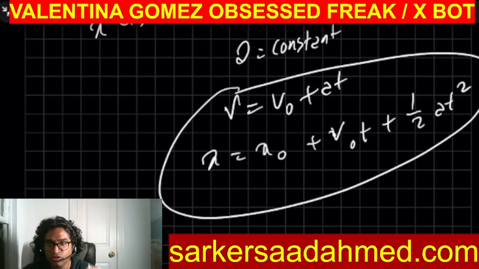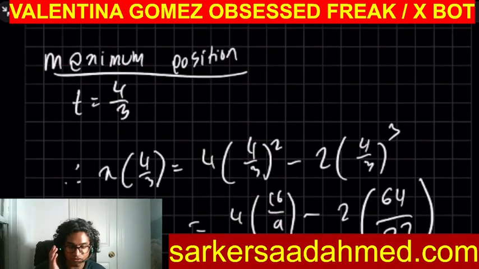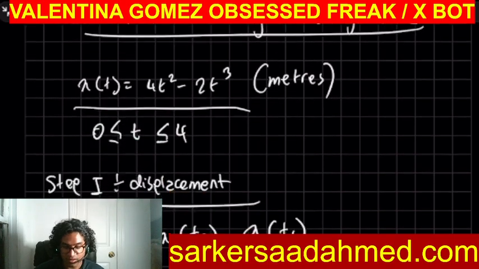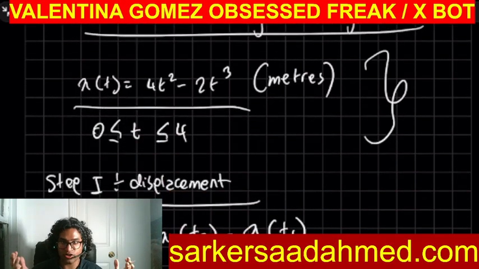These are a little bit further, not yet, but in general, what we have solved is we have seen the position equation. We're given the time range, 0 less than or equal to t less than or equal to 4.